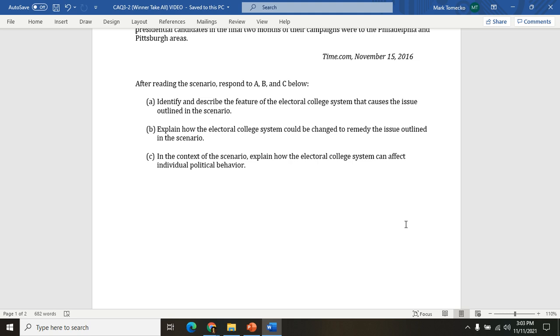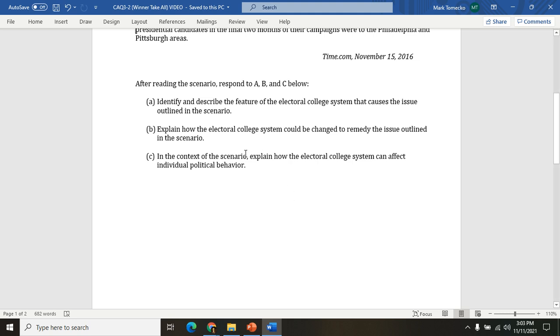So recall, you need to figure out what that issue is. What's the problem here? What's the issue that this passage is telling us about? And we want to hone in on what exactly that is. Then and only then can you identify and describe a feature of the Electoral College that causes it.